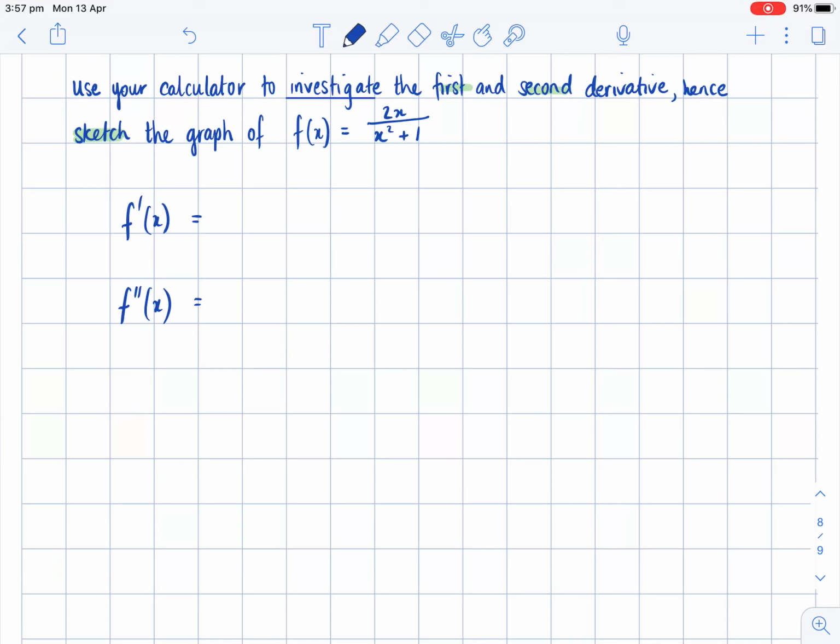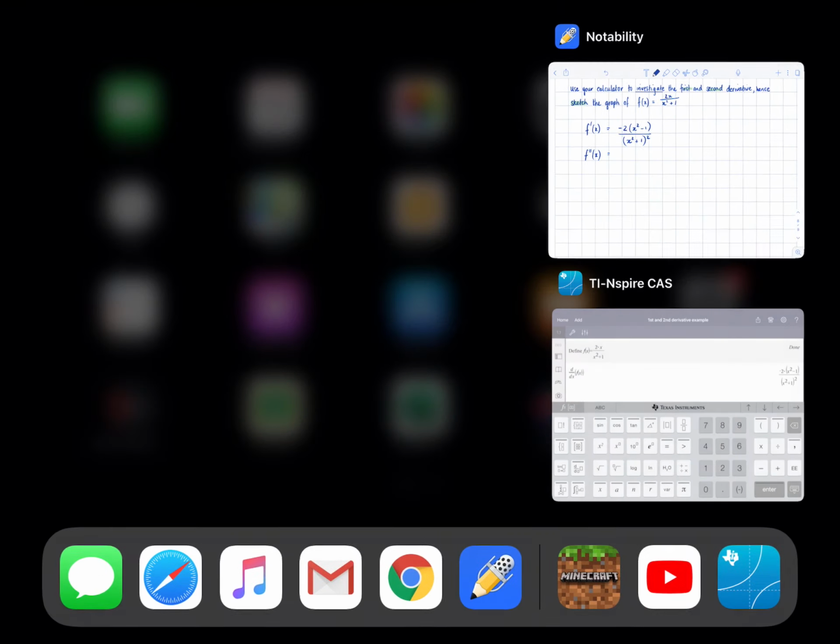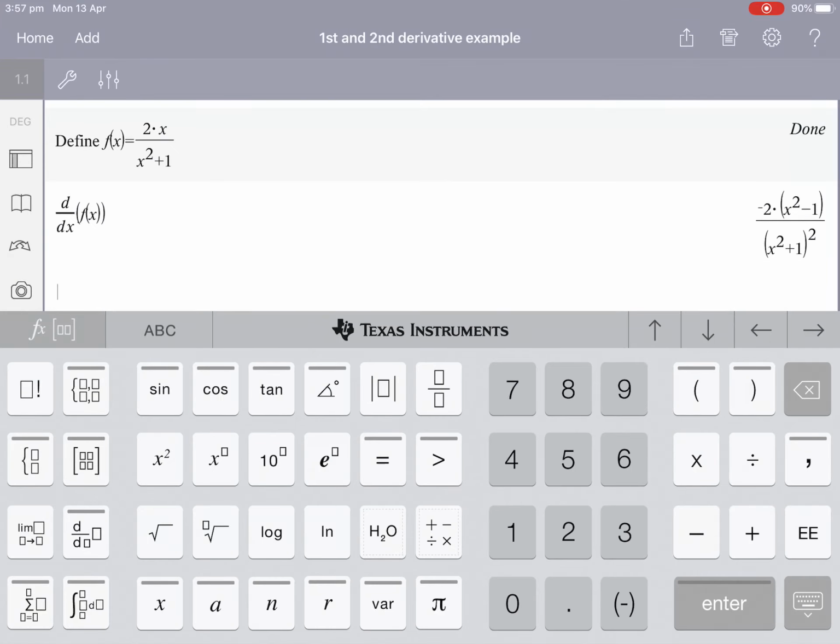Okay, so my first derivative was minus 2 times x squared minus 1 all divided by x squared plus 1 all squared. Okay, let's go back to the calculator. Now we're probably going to need that again, so let's actually store that as something.